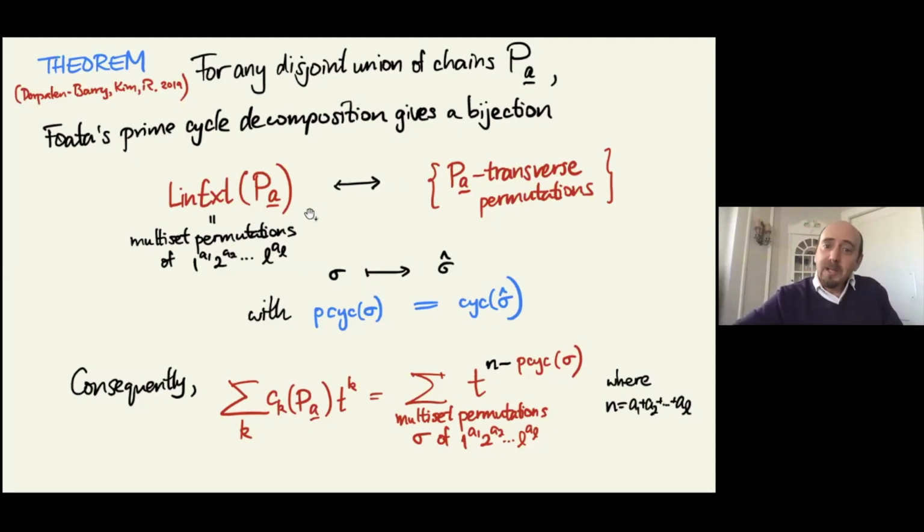So you can reinterpret his theory as giving a bijection between the linear extensions and the transverse permutations for the poset, taking his number of prime cycles to just number of cycles. So he lets us reinterpret the Whitney numbers of the first kind for these posets as counting his multiset permutations according to how many prime cycles they had.